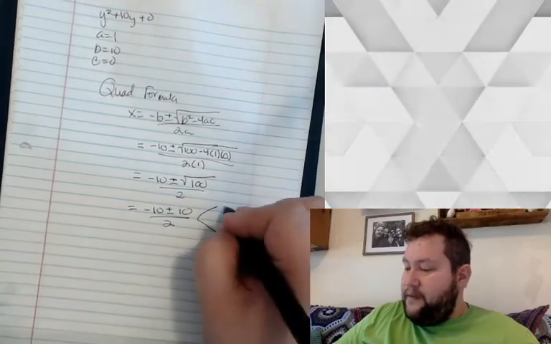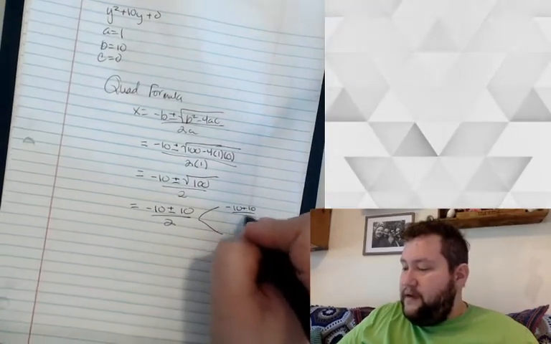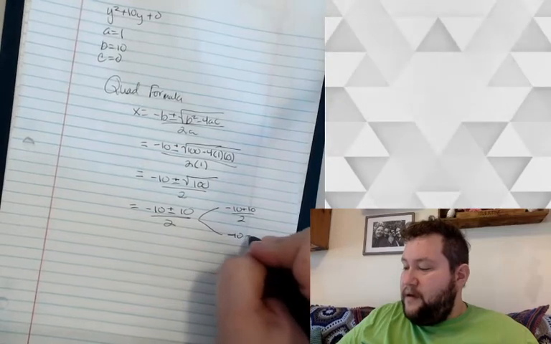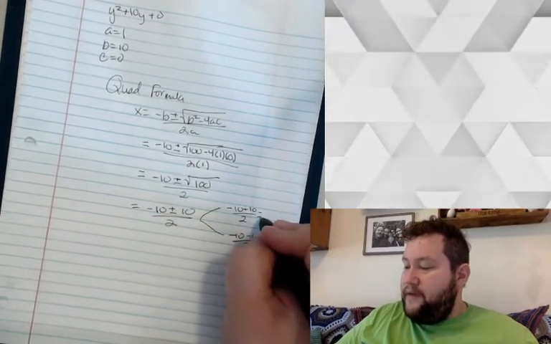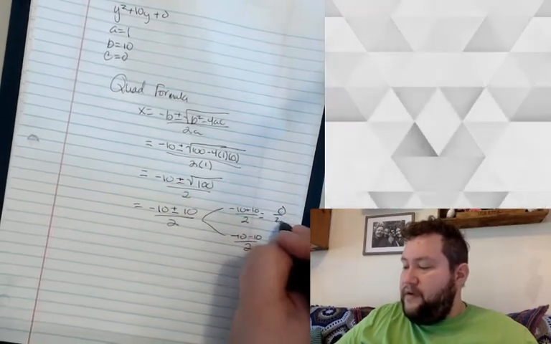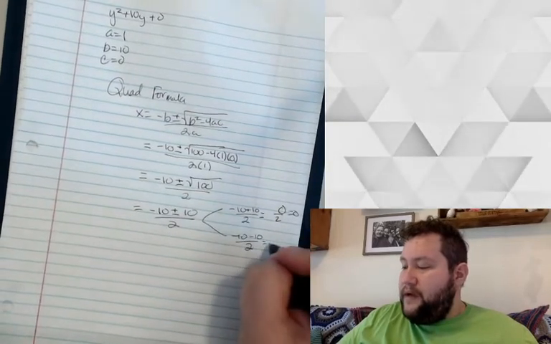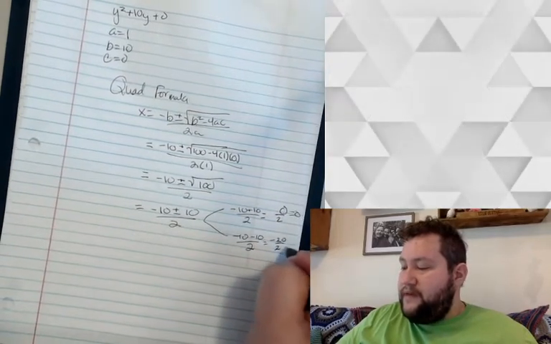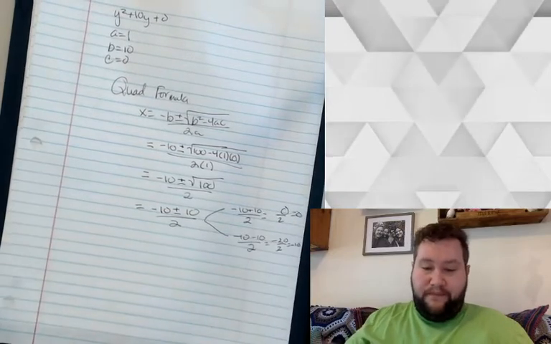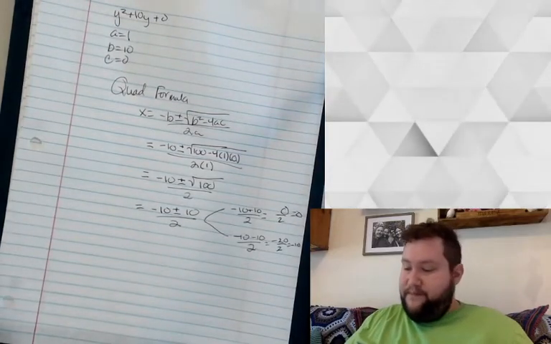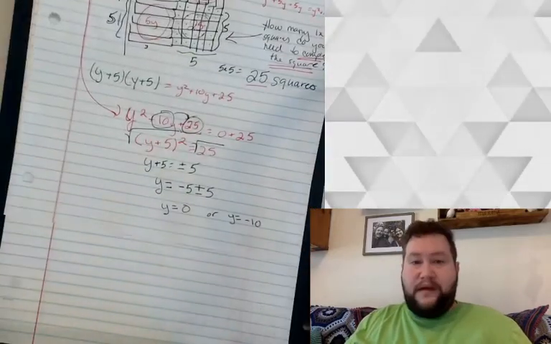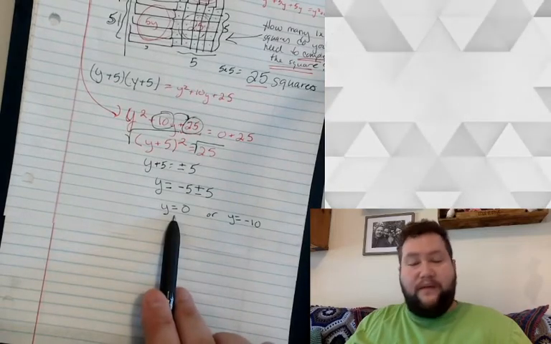Negative 10 plus 10 over 2, negative 10 minus 10 over 2. We have 0 over 2, which is 0, or negative 20 over 2, which is negative 10. And if we look back, y equals 0, or y equals negative 10.